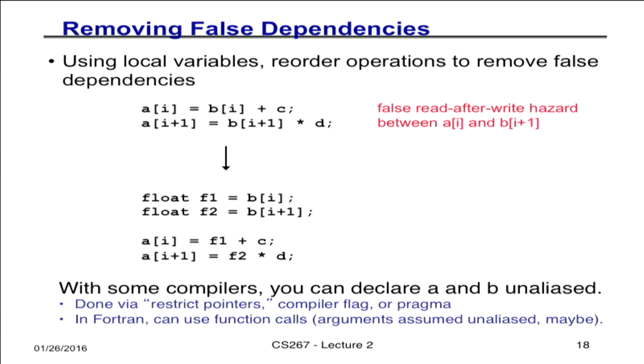So when are 2 variables actually going to read and write to the same location? Because if I change the order of 2 writes, or I change the order of a read and a write, it'll change the behavior of your program. And generally the first rule of compilers is don't change the behavior of the program, don't get the wrong answer. And so they try to do that.